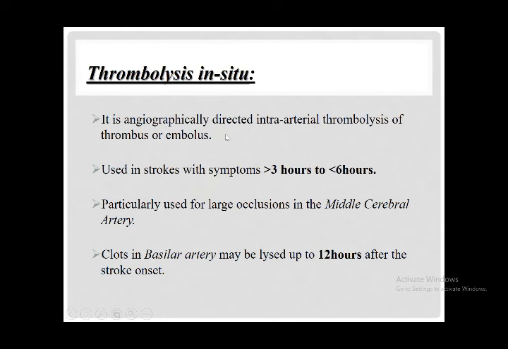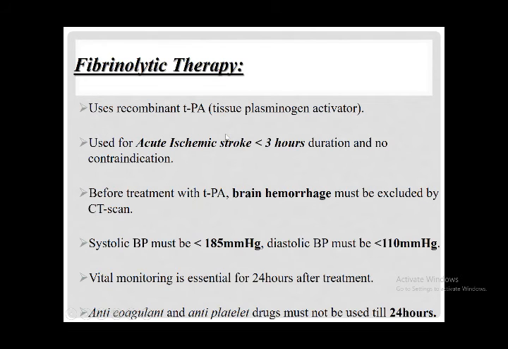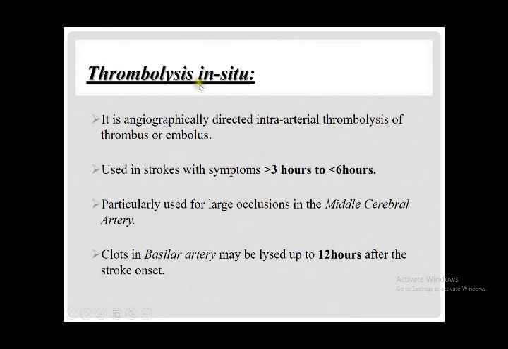As we discussed before, fibrinolytic therapy is for symptoms less than 3 hours or 4.5 hours maximum, but with thrombolysis in situ, you give an intra-arterial injection of TPA to lyse the thrombus or embolus, and it can be used even up to 6 hours after stroke.